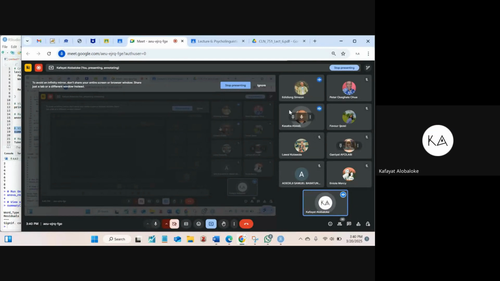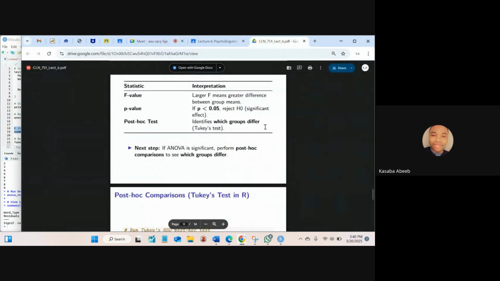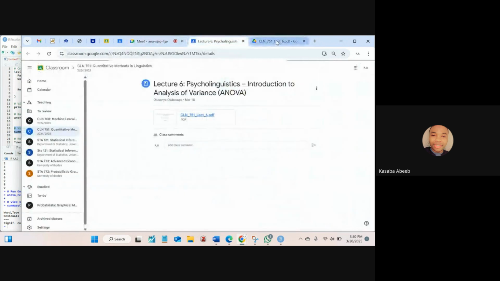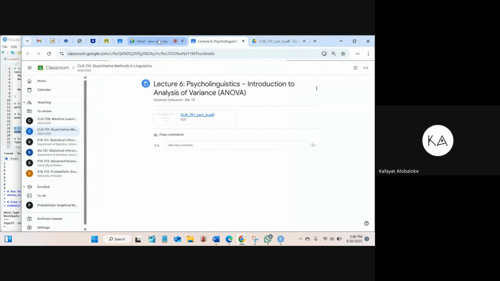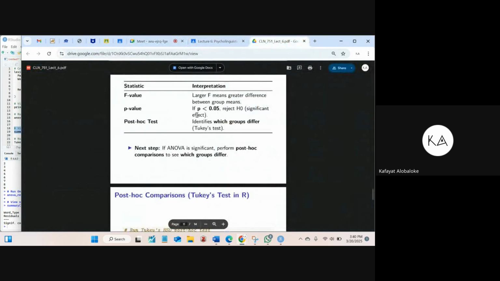I believe it's significant because it helps us to determine our p-value, in which case we are able to reject our H naught, which shows the significant effect of the reaction type. Okay, thank you very much, Cassava. That was a brilliant one.